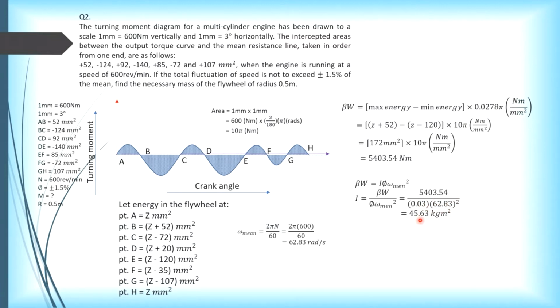Then you get I, the moment of inertia. Since I is equal to mk squared, we have to find the mass. With k given as 0.5, squared, you get a mass of 182.52 kg. So that's example 2.